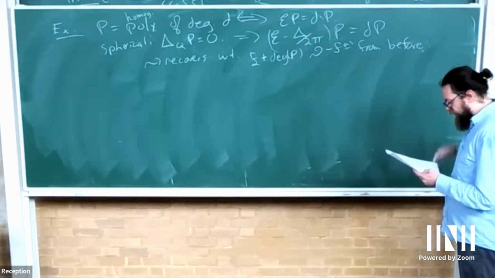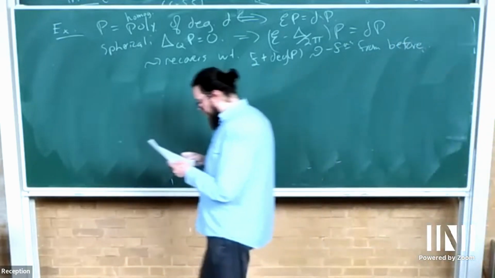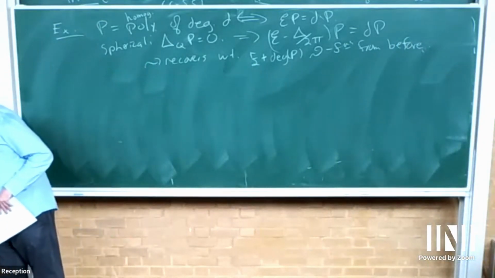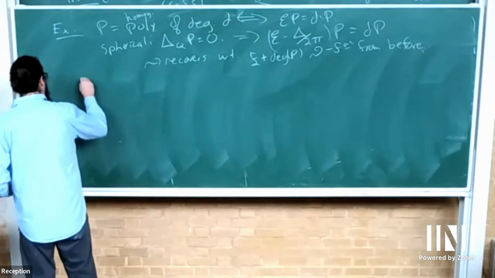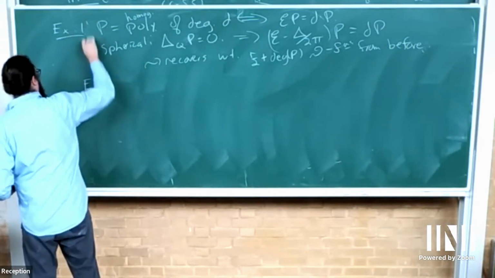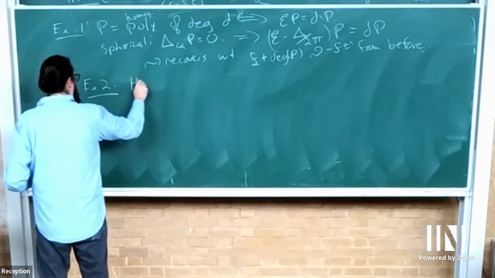If you insert the spherical polynomial, it also recovers that. Right. So I want to see how it also recovers Zwegers' thesis. Okay. So maybe this is example 1, example 2.